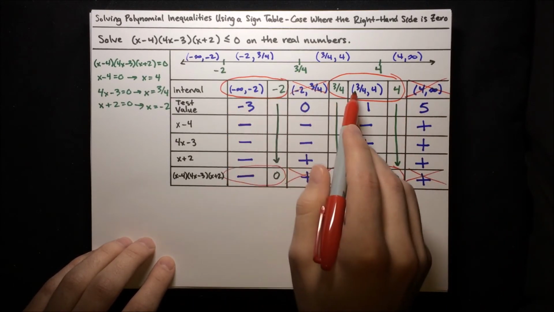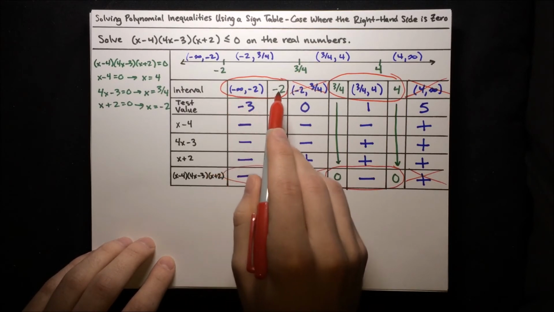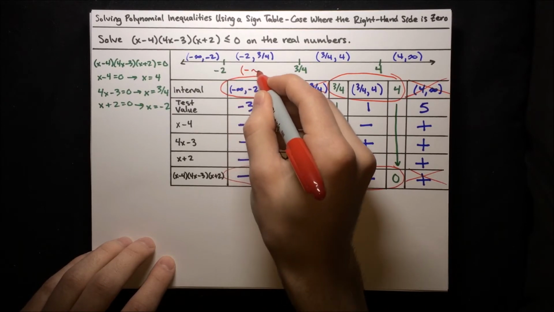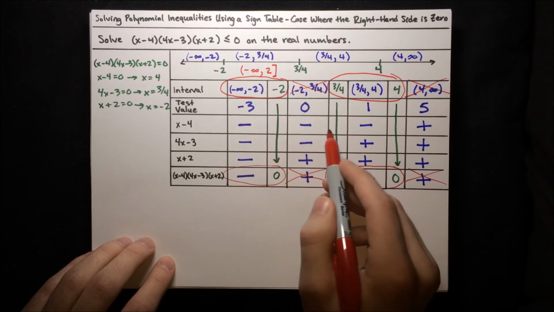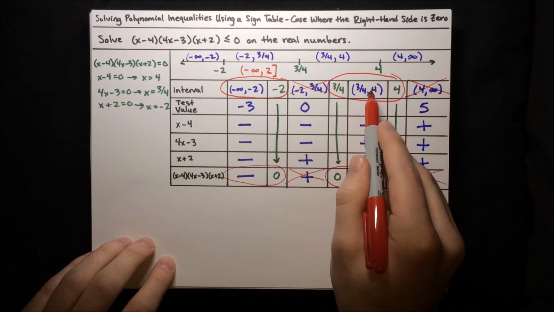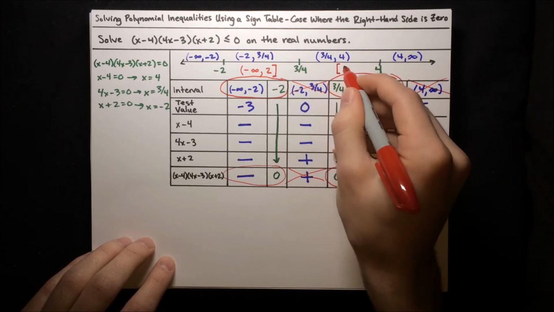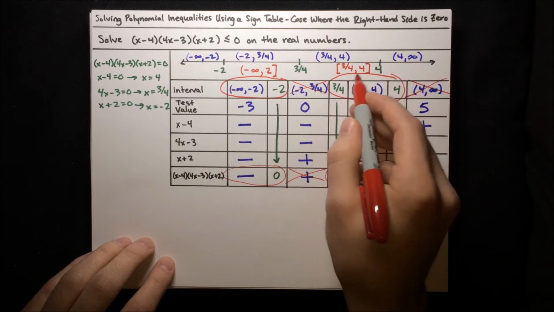Okay, so let's go ahead and write that down. So this interval, along with the endpoint negative 2, can be written as negative infinity to negative 2 with a bracket to say that we're including that negative 2. And then this interval, including 3/4 and 4, can be written with 2 brackets, 3/4, comma 4, to show that we're including both endpoints.